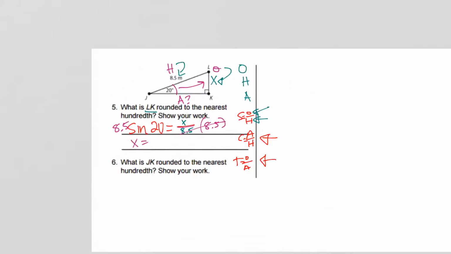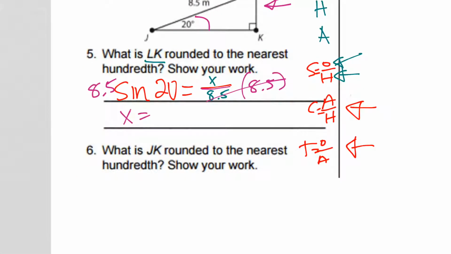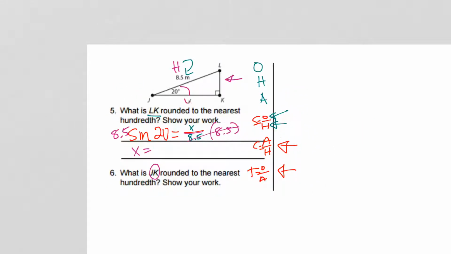Number 6. So now you're looking for the other side. So I'm going to erase A and O because I already know what my opposite side is. We found it, right? So I don't care about LK no more. But I want to find JK, so I'm going to label it Y. So LK is still my opposite side. 8.5 is still the hypotenuse, so Y is now my adjacent side.